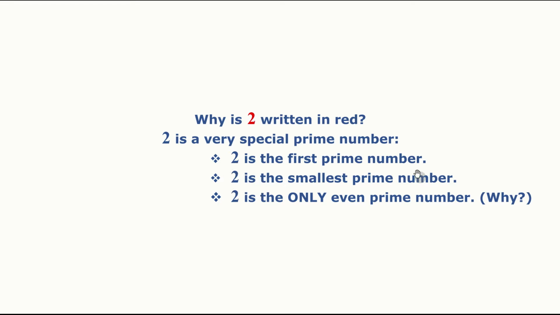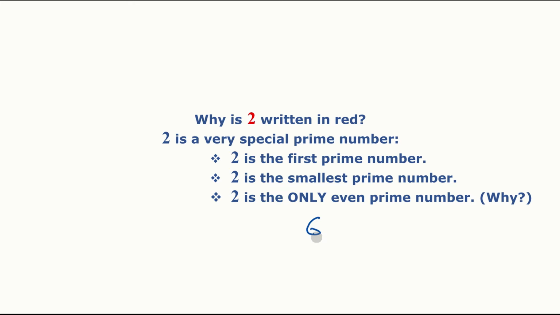It is the smallest prime number, obviously, but the most important aspect of it is that it's the only even prime number. So why would that be? Think about it for a minute. Can you tell me why 2 is the only even prime number? Why can't any other even number other than 2 be prime? Well, let's look at, for instance, 6.